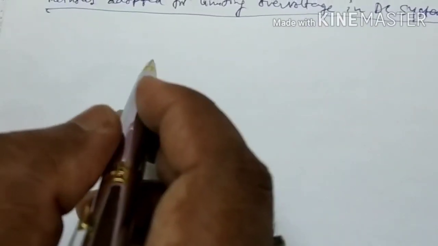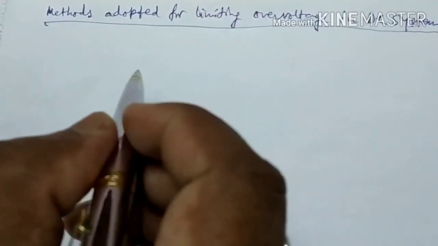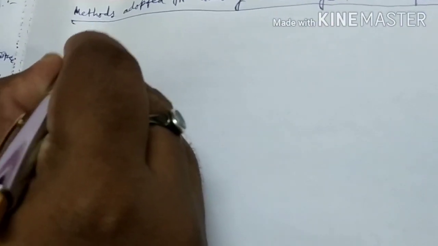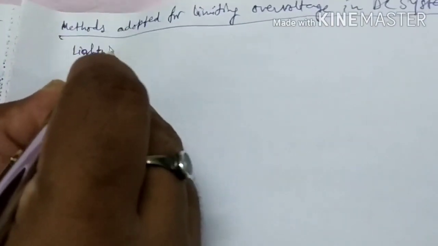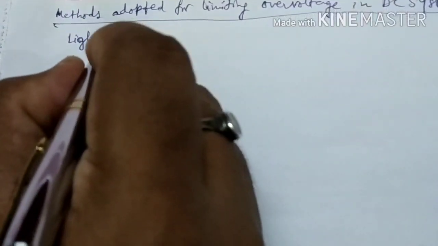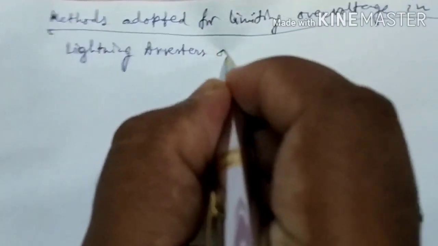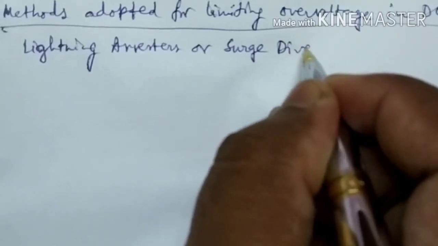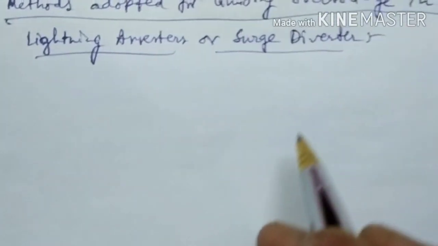So, methods adopted for limiting the over voltage in DC system, that will be first lightning arresters or surge diverter, that is limiting the over voltage.